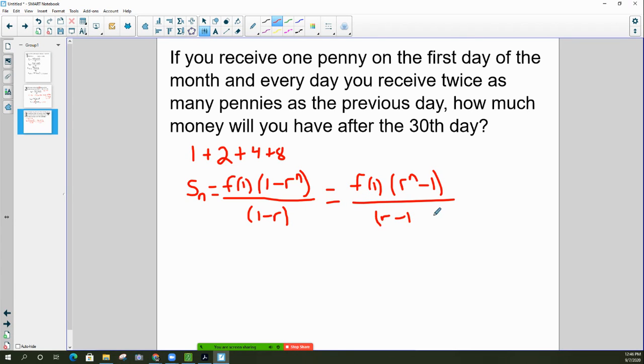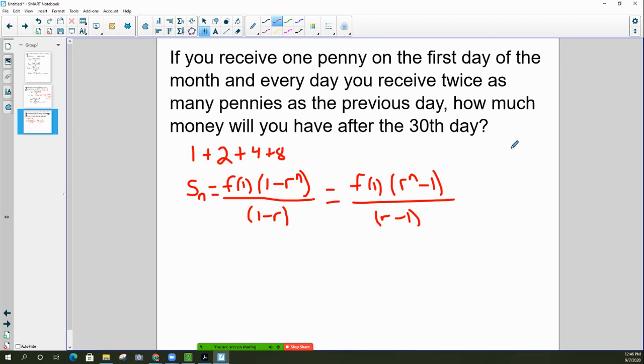The reason why some people use this is because when r is bigger than 1, you will avoid the negatives that you would get here. And so they're both equivalent expressions. We just factored out a -1 on this first one. So that's what we're going to do for this problem.